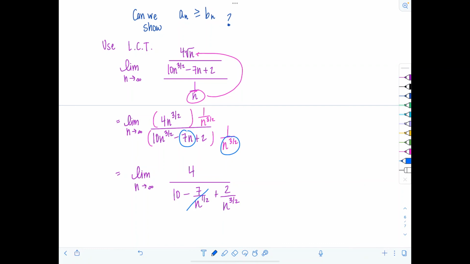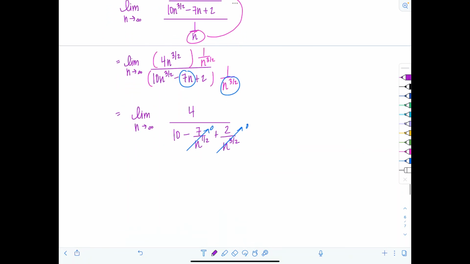So as n approaches infinity, 7 over n to the 1 half goes to 0. So does 2 over n to the 3 halves. And then I'm just left with 4 over 10, which reduces to 2/5. I don't care what number I get. All I care is that it's finite and it's not 0.